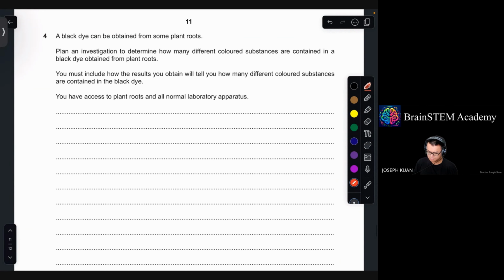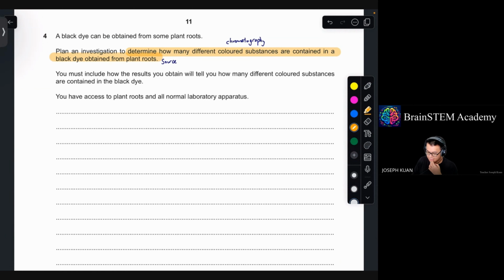Right, so let's identify some keywords first. You want to determine how many different colored substances are contained. So you should think of chromatography. The source is a black dye from the plant roots.